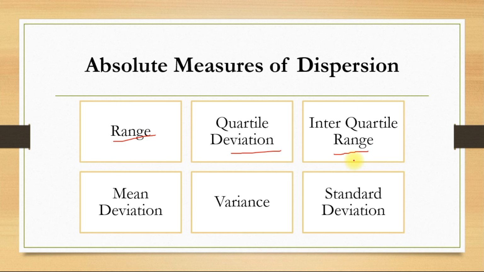Another way to compute absolute measure of dispersion is to take the average of deviations of each data point from some central value. For example, mean deviation, variance and standard deviation are examples of this other way of calculating dispersion.